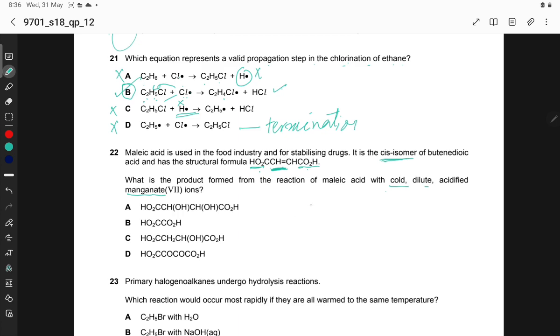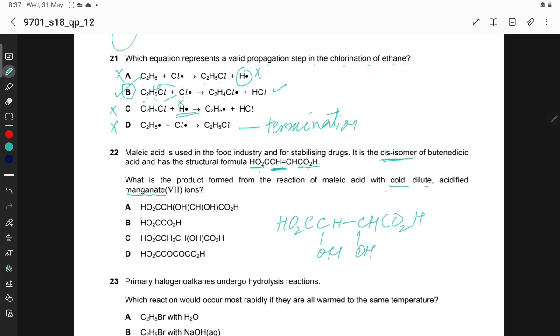So the compound is like this: HO2CCHOHCHOHCO2H. Now identify this product in the options.